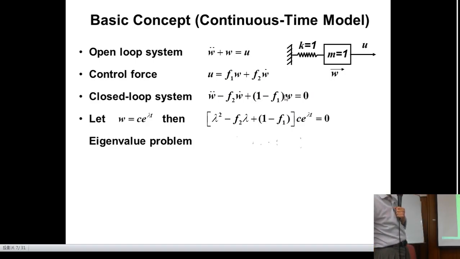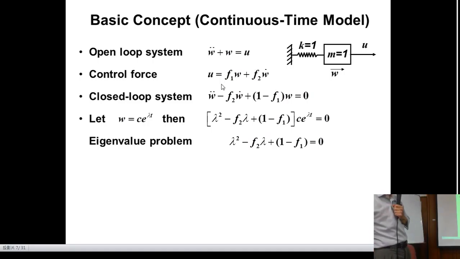From here on, the closed-loop system: if I substitute this U into the original system, I get this closed-loop system. This is what we call the open-loop system, W double dot plus W equal to U, because I have U there.